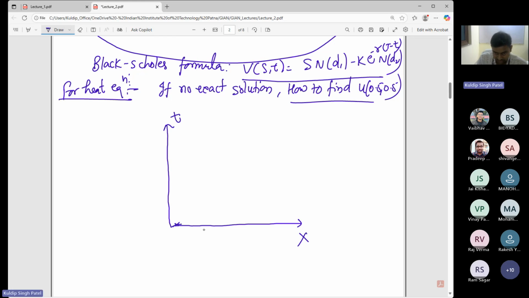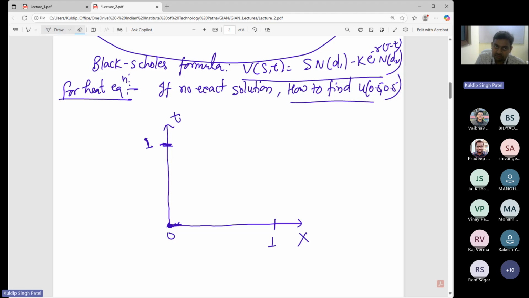Now this equation is defined for x from 0 to 1, and t also, suppose, from 0 to 1. We don't want t values more than 1. We want u at x equals 0.5, 0.7, 0.9, and t up to 1. It's not necessary, but you can take it like this.